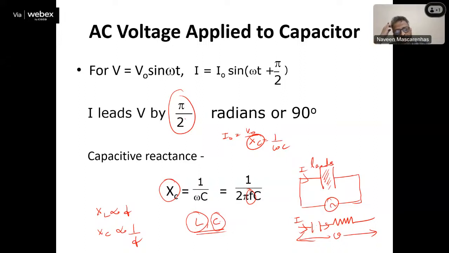For example, coil allows DC, I said, but capacitor says no to DC. Why? Because for DC, frequency is 0 and XC will be infinity, no? That means highest opposition to DC. It doesn't allow the direct, steady current to pass through. And that's what we know.